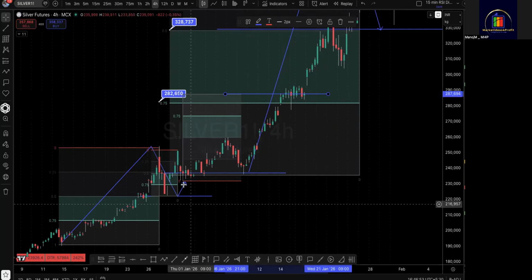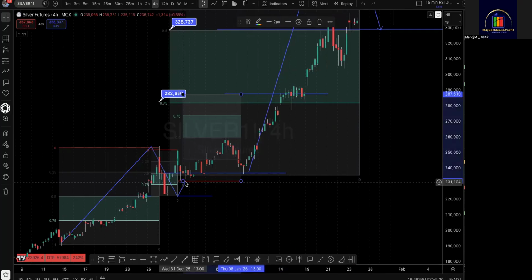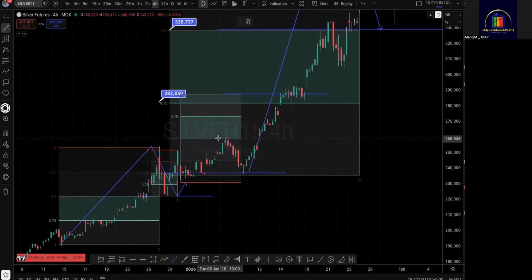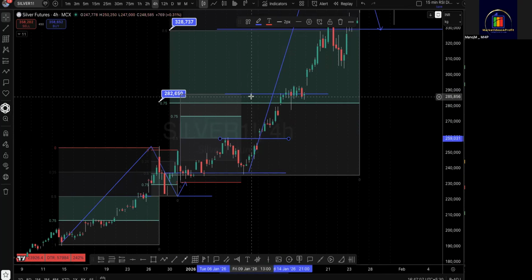By just understanding this swing low and this swing high, if the prices came down and went up again, and if it cleared the 50% level and started to move higher, my next target was 50% higher from where I was.